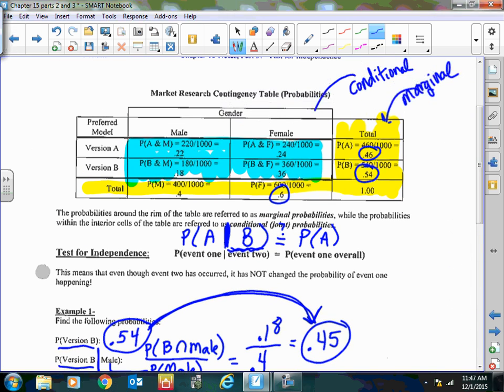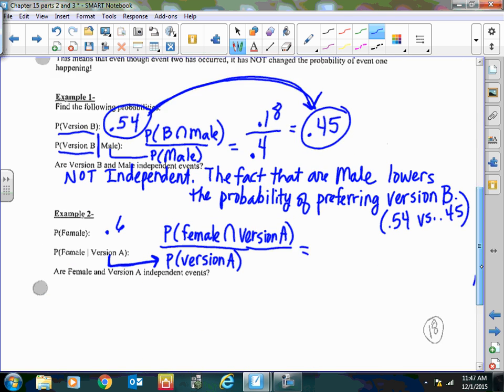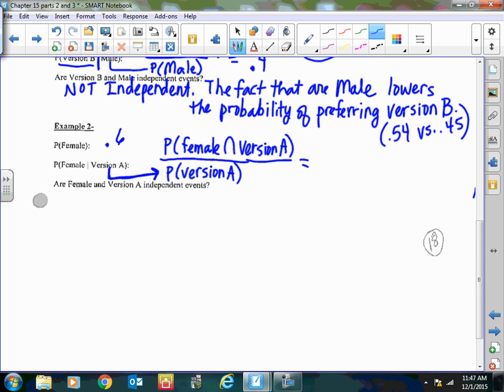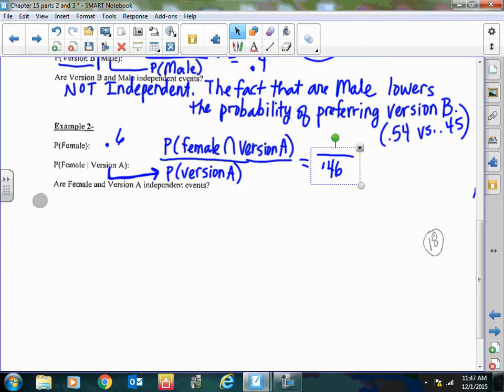Okay, 0.46. And who are the female version A ones? Female and version A, that's 0.24. So 0.46 for the bottom and 0.24 for the top, and then we're going to see what percent that is. Okay, and that ends up being, I think, 0.52.